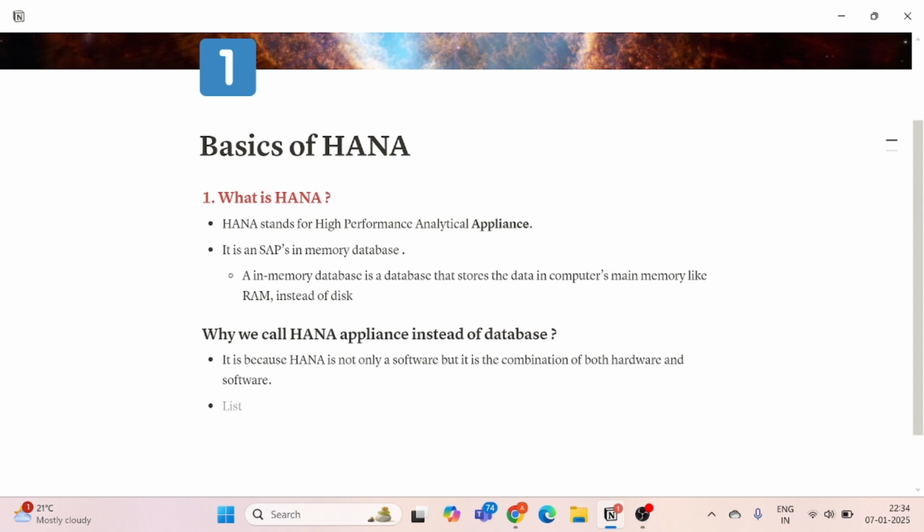Unlike other databases, we cannot directly install it on our computer. It requires specialized hardware certified by SAP for the installation of HANA.